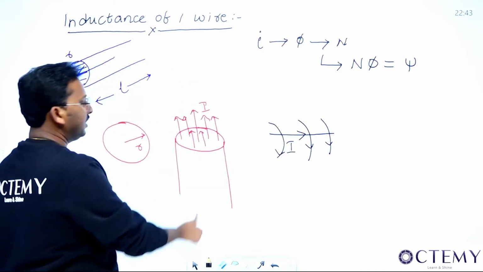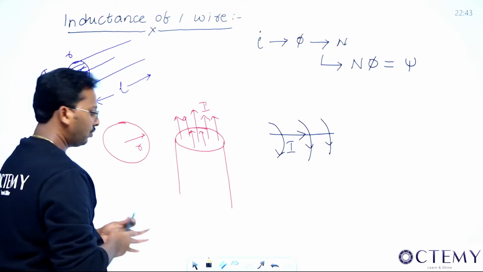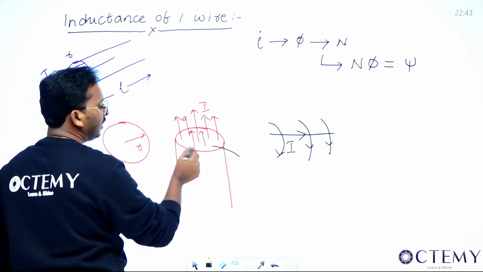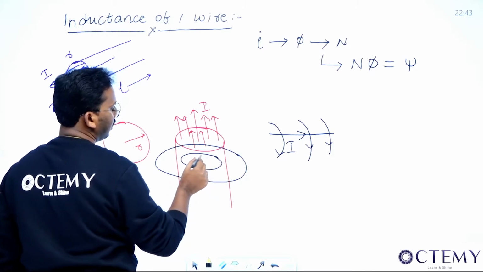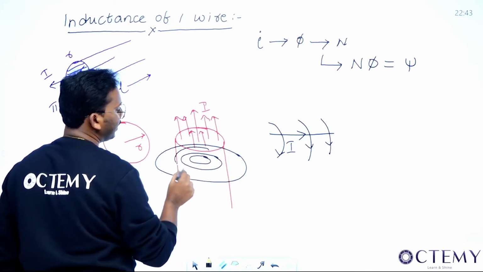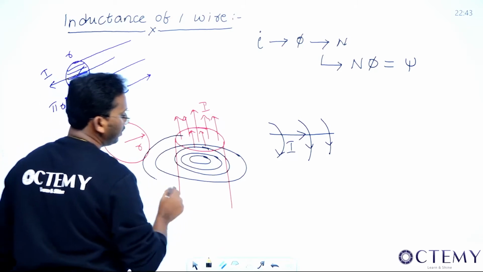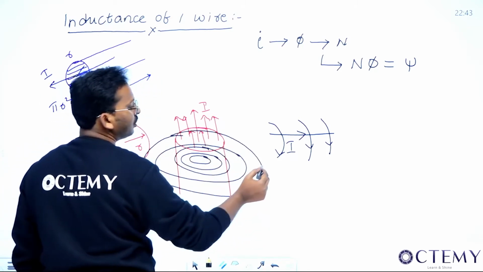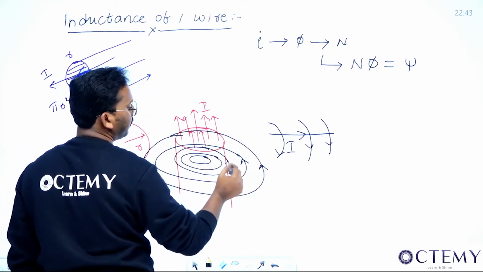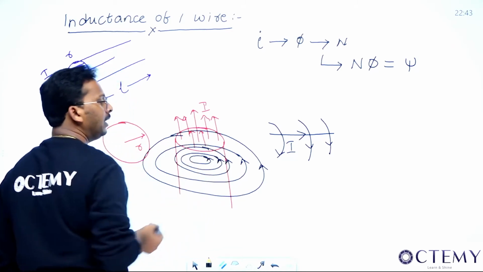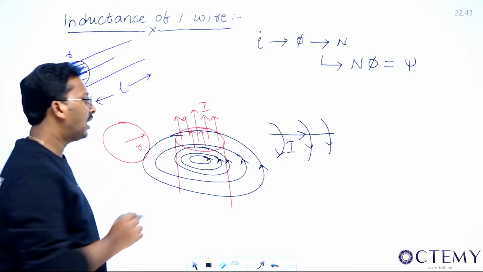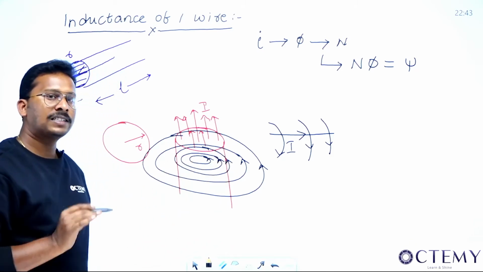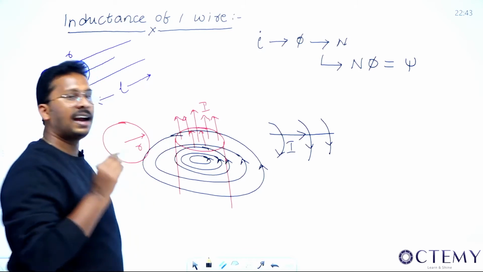They will be inside as well as outside, so there will be proper loops forming like this. These loops are flux lines, right? That means there is flux inside the conductor as well as outside the conductor. So the flux linkage is happening internally and externally.